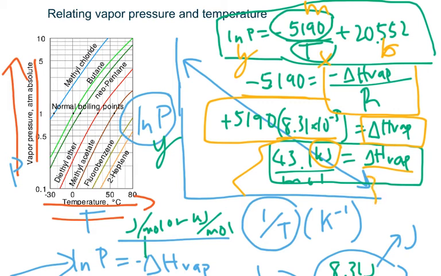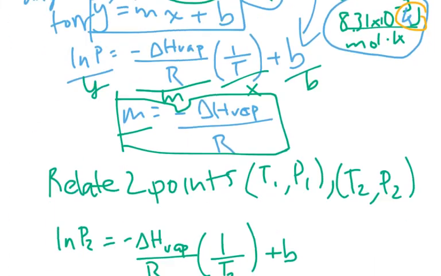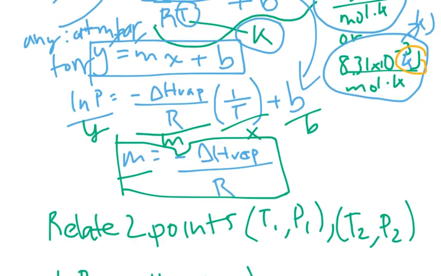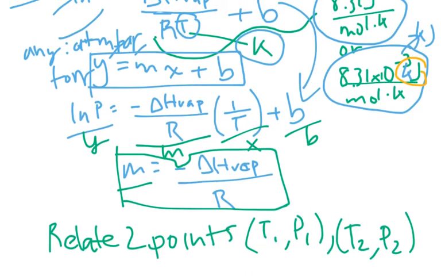This closely resembles the delta H vaporization for water, which is about 40.65 kilojoules per mole. So it's pretty accurate.